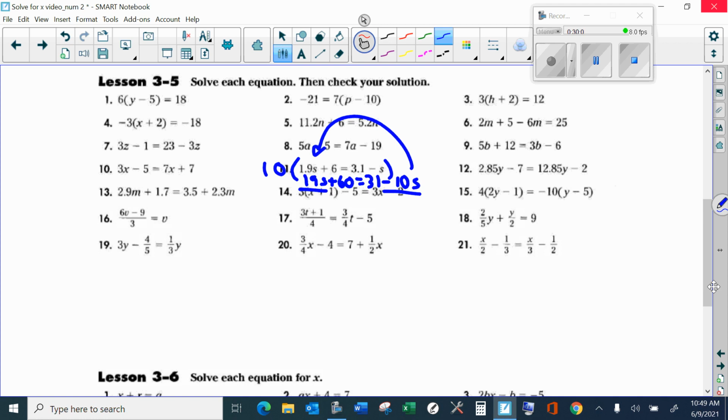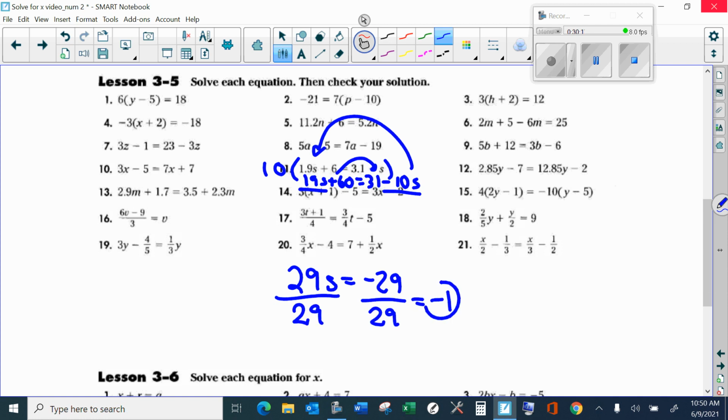So I'm adding 10s. 19s plus 10s is 29s, which means the constant is going the other way. 31 minus 60 is negative 29. And the last step is divide by 29. So you get negative 1. Any number divided by itself is 1, and then a negative over a positive is negative. Okay. So that's dealing with decimals. So on 12, you multiply the entire equation by 100 because you have 2 decimal places to the right.